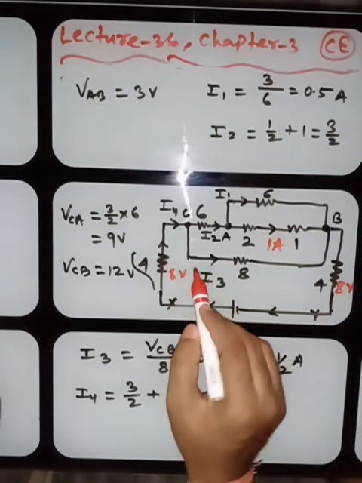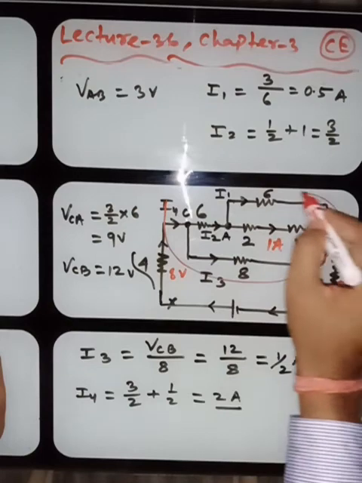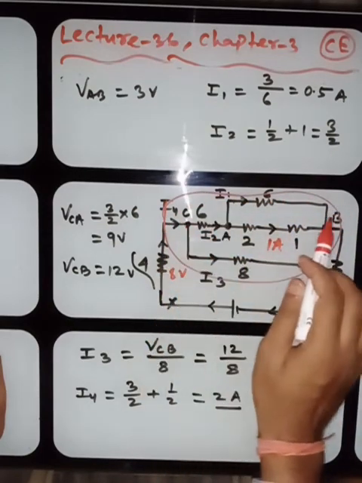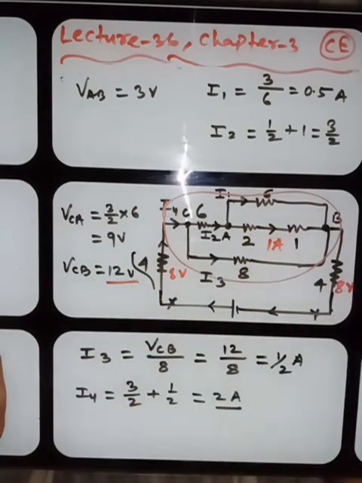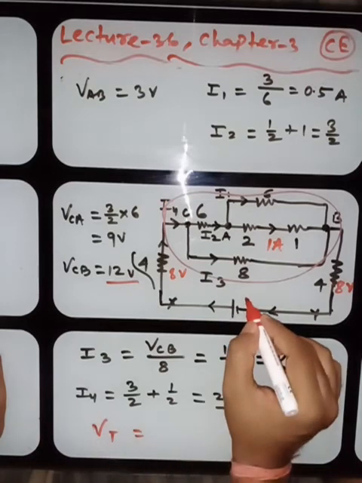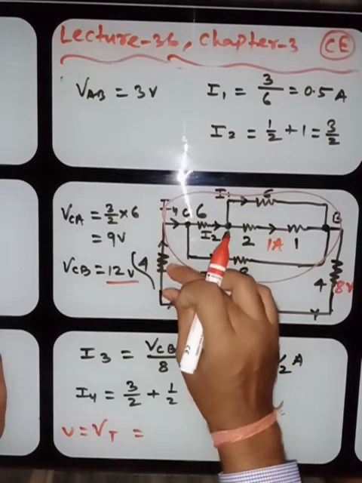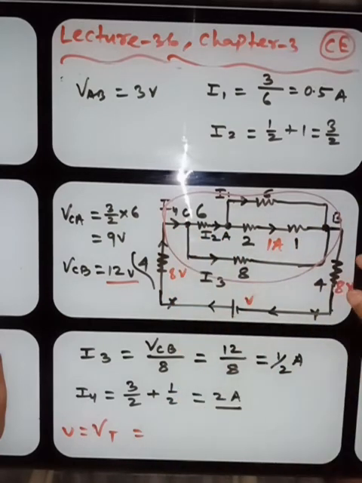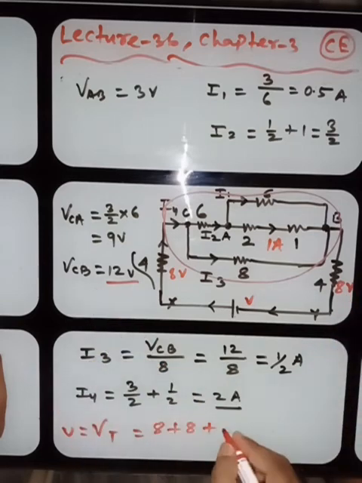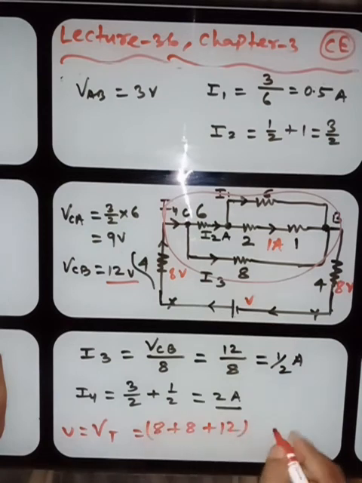And the potential between the points C and B was 12 volt. Now the total potential of this cell is dropped here, over here and here. So 8 plus 8 plus 12. So this is the voltage.